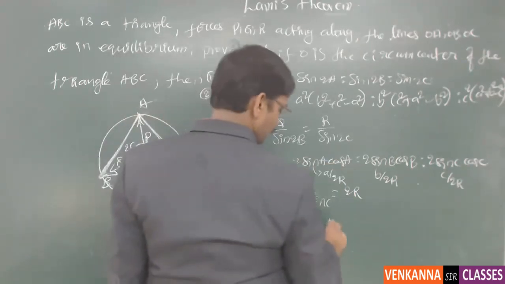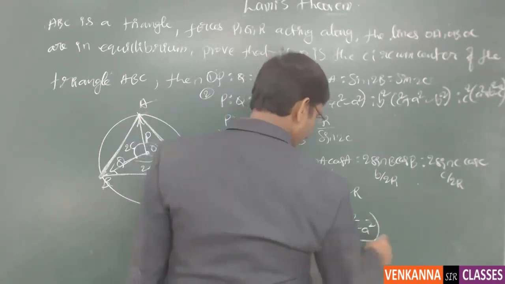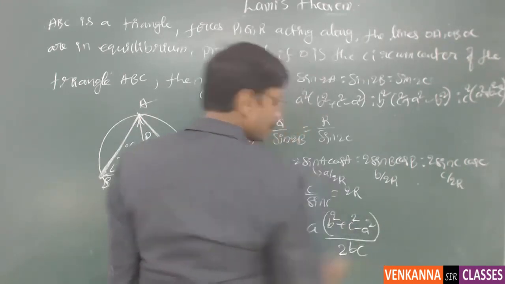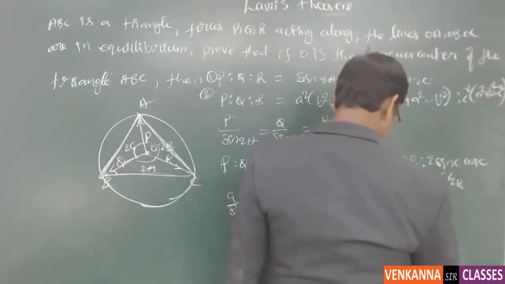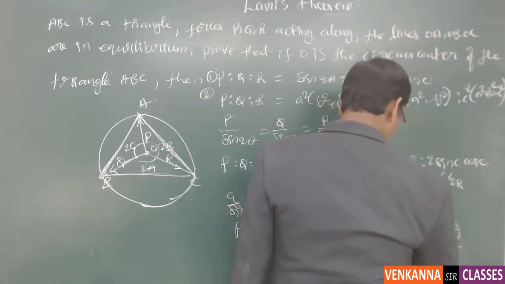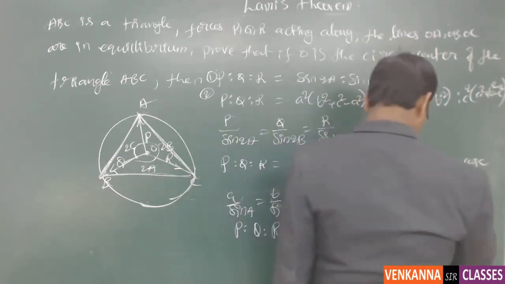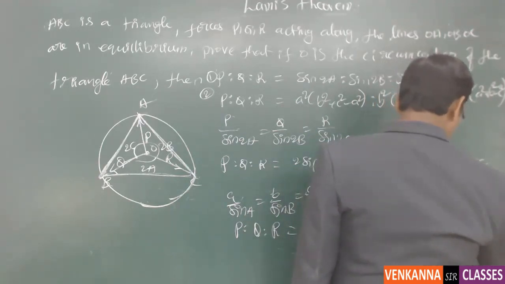cos A you can replace as B square plus C square minus A square divided by 2BC, and similarly B into A square plus C square minus B square divided by 2AC is to C into A square plus B square minus C square divided by 2BC.